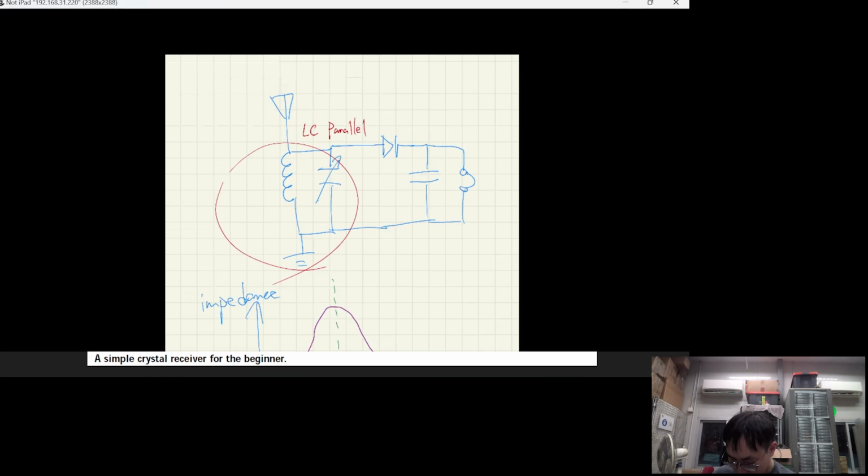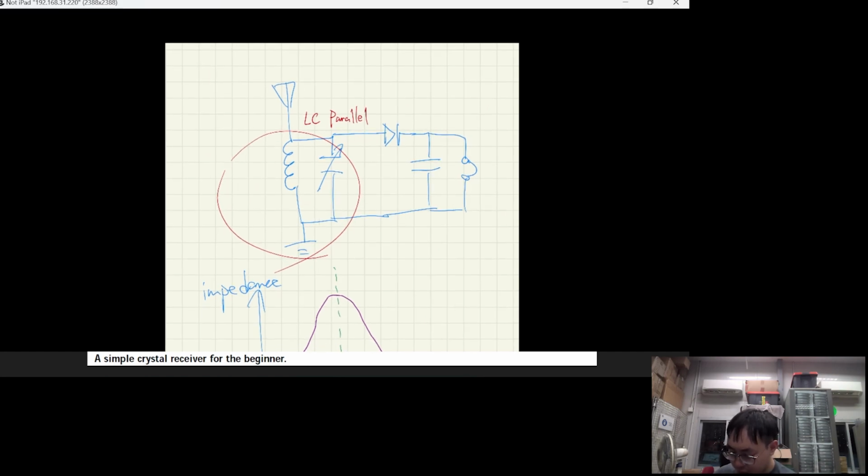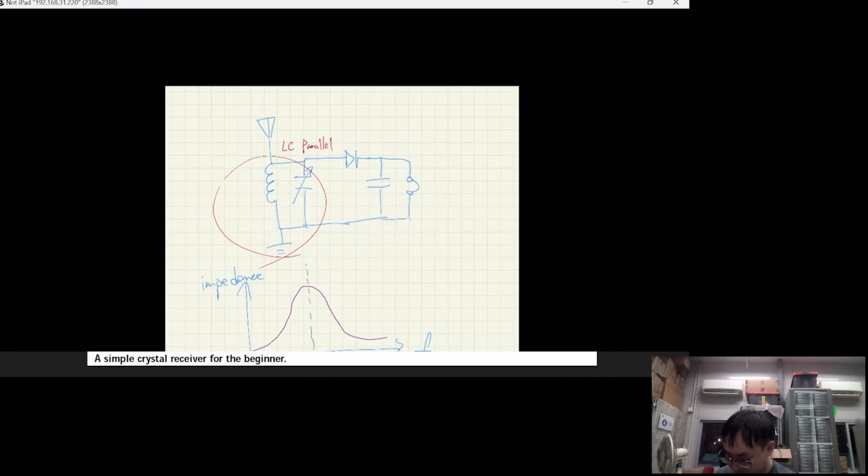It's because, just a minute, let me think in this way. If it is LC parallel, you can think in this way. At the resonance point, the green is resonance. You can think that the circuit will look like this one at resonance.